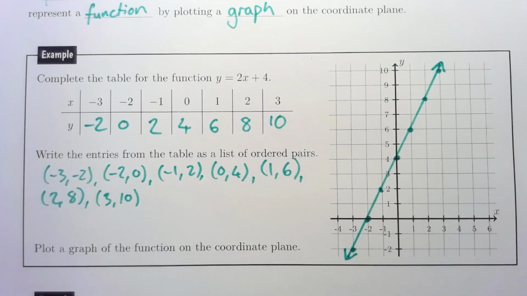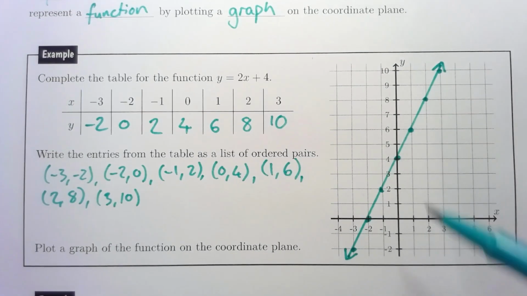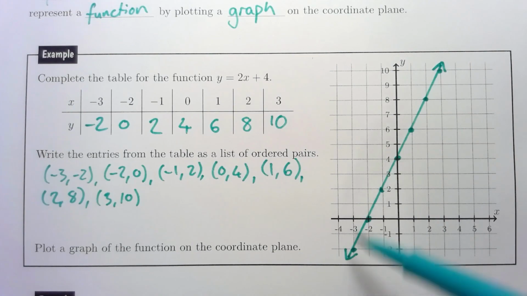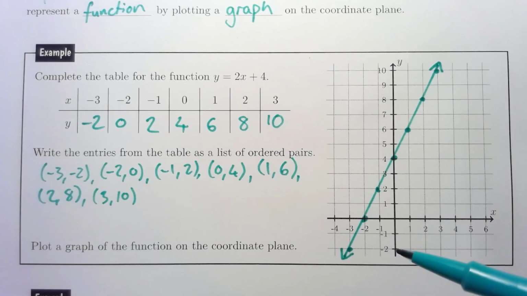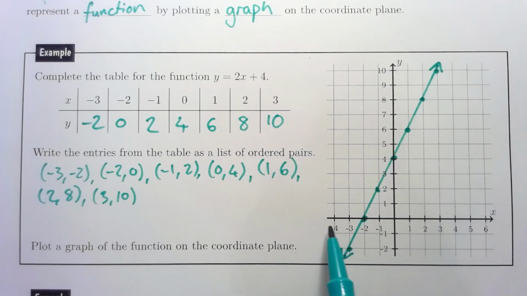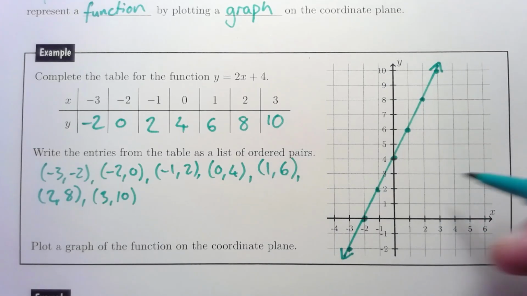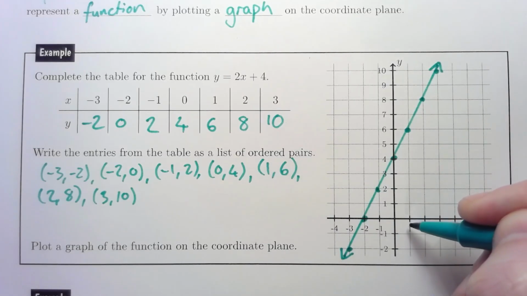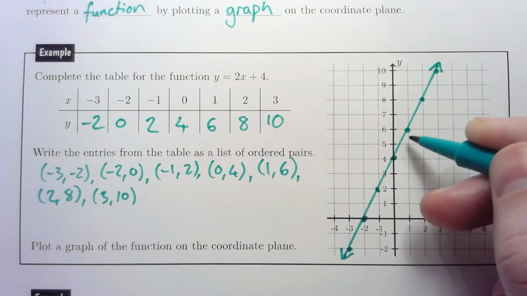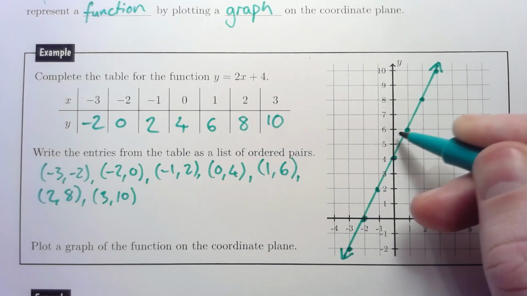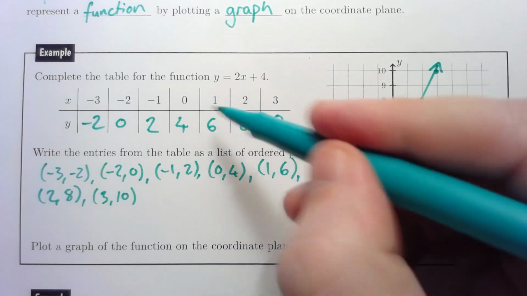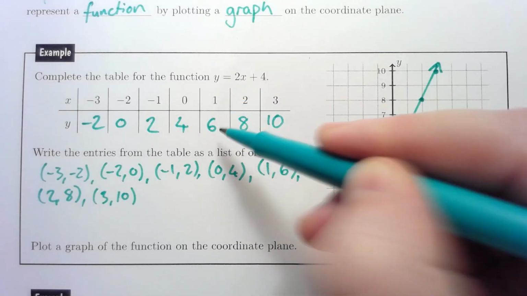And there we have it. We have our function represented using a graph. So every time we have an input, let's say our input is 1 here, then we can go up to the graph and find the value of the output, which is 6. Notice that matches what we have in our table, 1, 6.